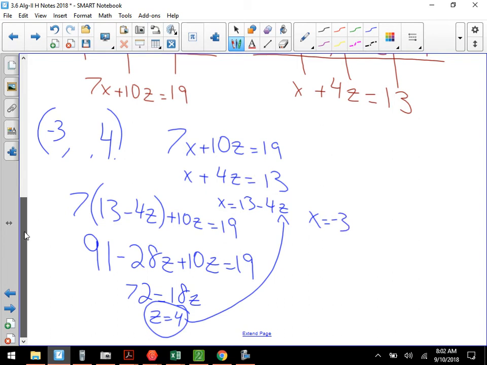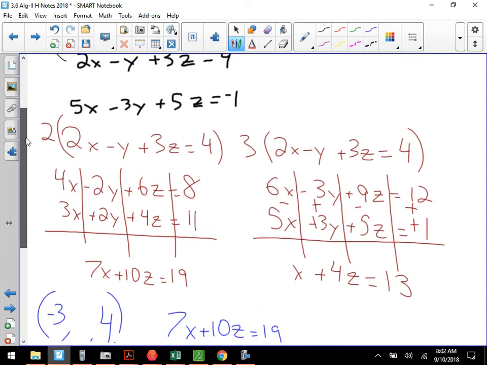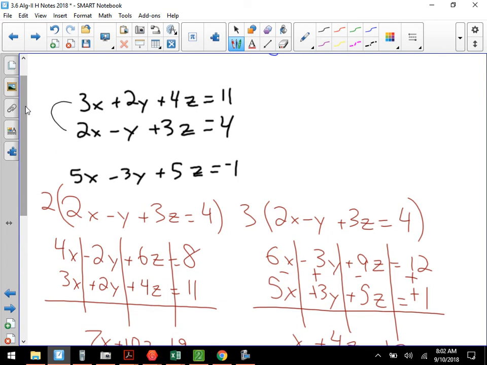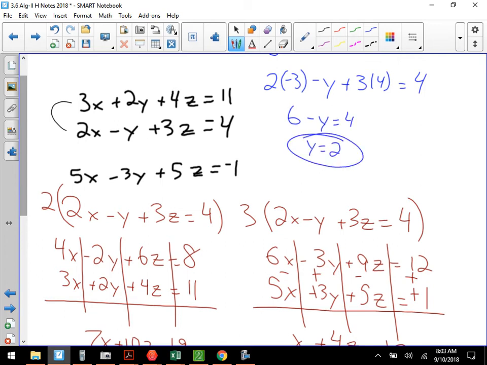And then way back up top. Negative 6 plus 12, 6. Minus 2. Does that sound right?